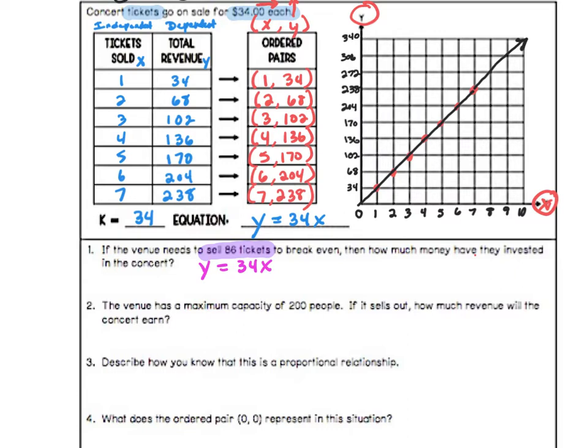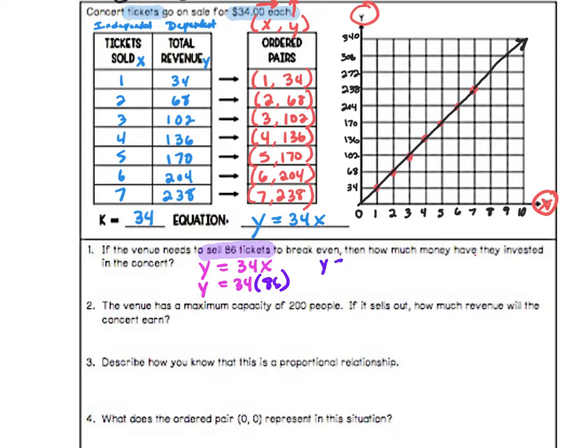And we talked about that tickets are the X value. So we're going to write this equation, Y equals 34, and where the tickets are the X, we're going to put 86. So we're going to stop and use our calculator and find out how much that is.